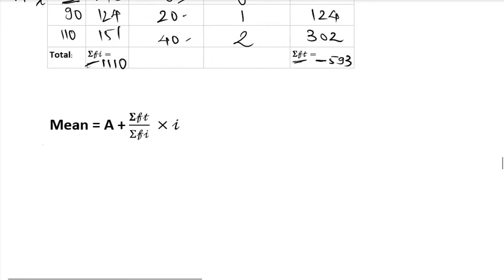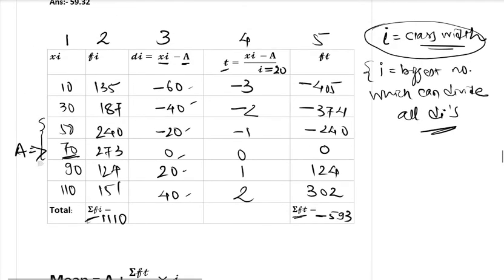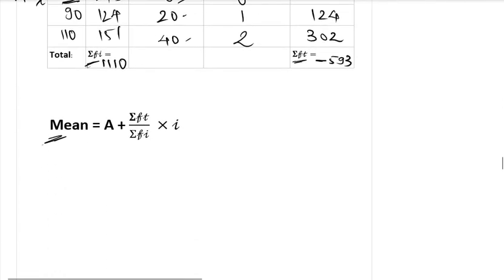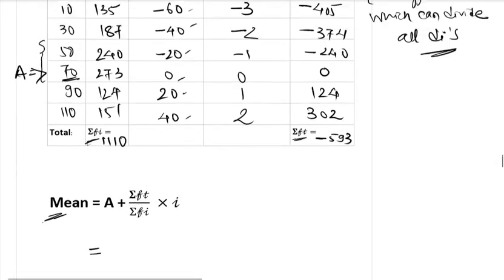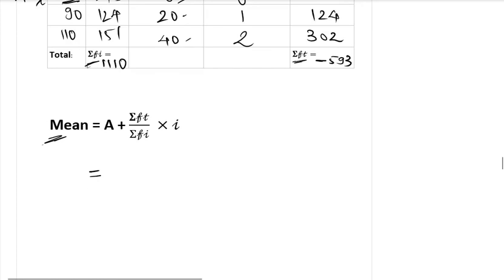Okay, so this is the formula for mean for the step deviation method: A plus sigma ft upon sigma fi into I. I is your biggest divisible number, HCF you can say, of all the di's, which is 20. So what is the assumed mean? Assumed mean is 70, right?